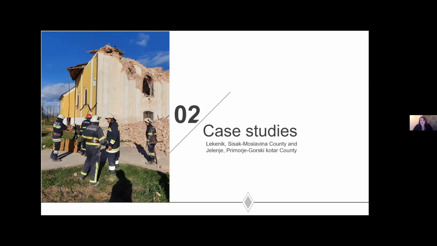I will present you two areas. One in the hinterlands that was heavily hit by the earthquake in 2020. This is an aggravating circumstance, but the fact is that this region was already suffering from depopulation and lack of services. So maybe it's not nice to say, but it could be a chance for those regions.